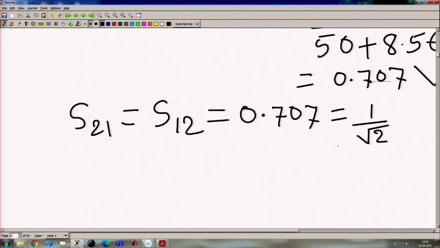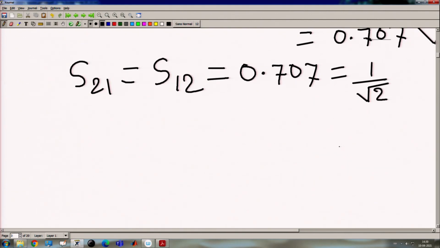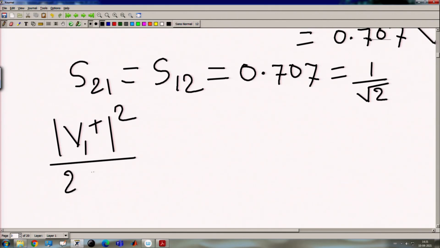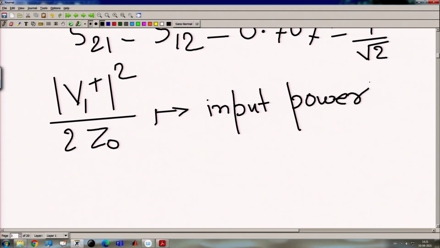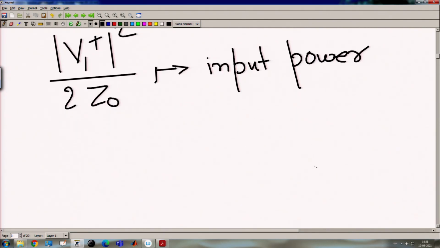and the input power we can find out. Input power will be V1 plus whole square divided by 2 Z naught. So this is the input power, and similarly we can write the output power.